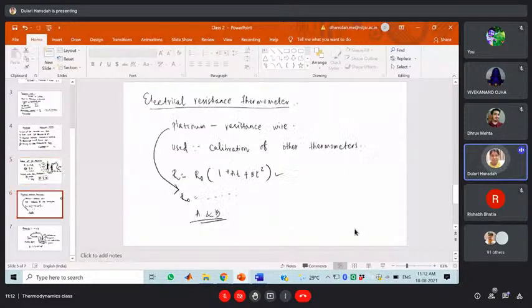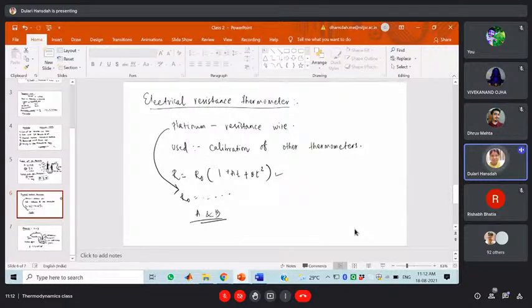Next one is the electrical resistance thermometer. All of you have heard about this one. In this case we are using a metal wire; the basic resistance wire which we are using is the platinum wire. The resistance of this platinum wire will change due to the change in temperature.